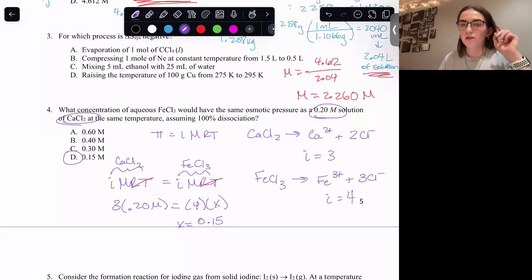Yep. So then the lower the pressure, the less soluble the gas is. And if you compress it and make it higher pressure, then you get more gas dissolved.